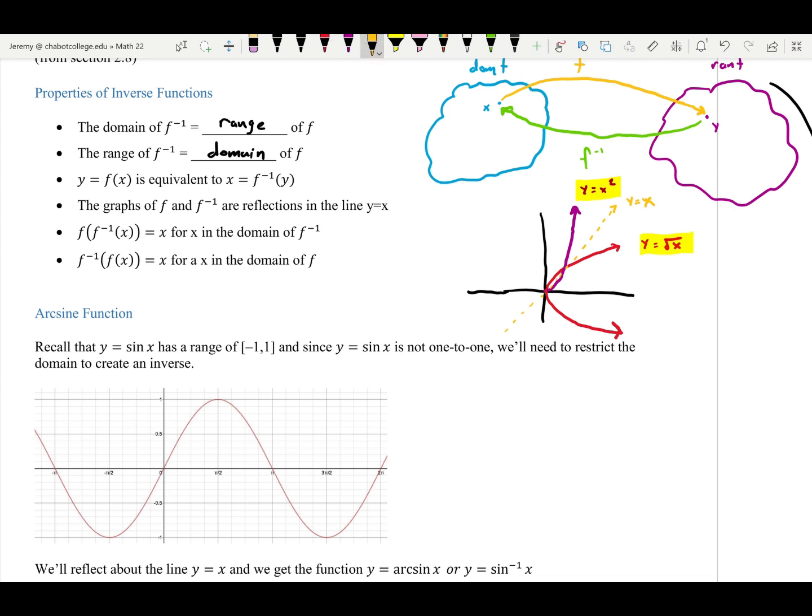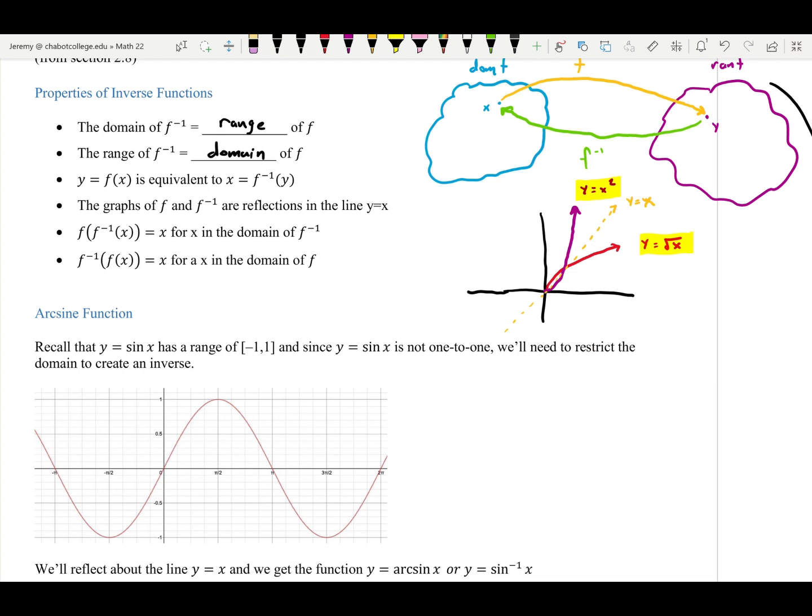Well, remember we have this thing called the vertical line test. If I draw a vertical line, if this graph intersects any vertical line at more than one point, it means that it's not a function. So notice that this graph, this sideways parabola, doesn't pass the vertical line test, therefore it's not a function. Therefore, it can't be an inverse function.